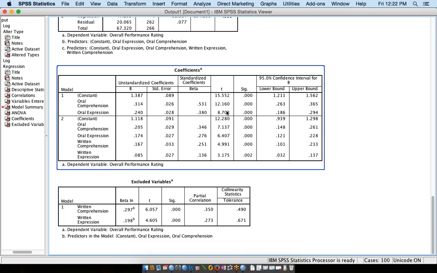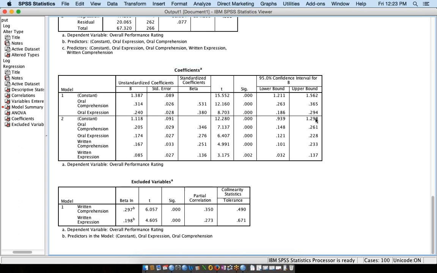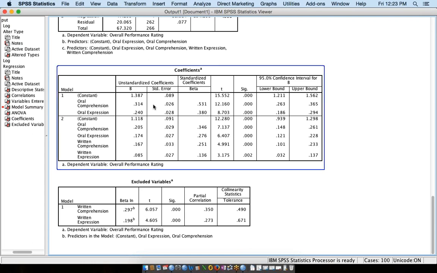So that is what she's asking for. But when you add in the other two, this is how it changes, and this is what you'll be reporting. Now, if you want the practice, you could report this as a multiple regression and then this as a hierarchical regression.